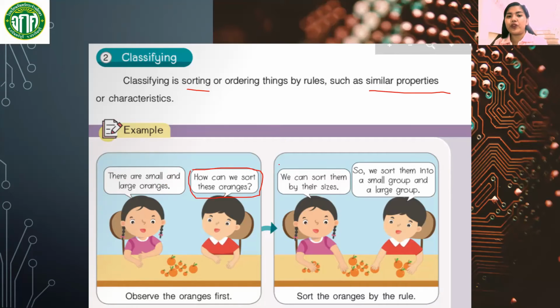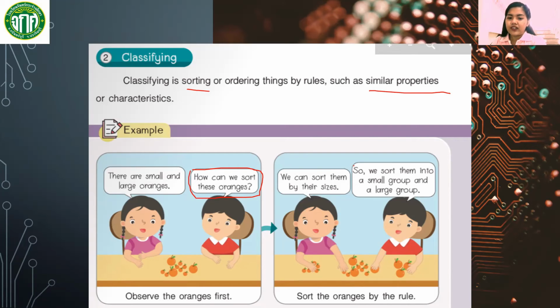They come up with an idea that we can sort them by their sizes. So the girl is getting the small oranges and the boy is getting the large ones.